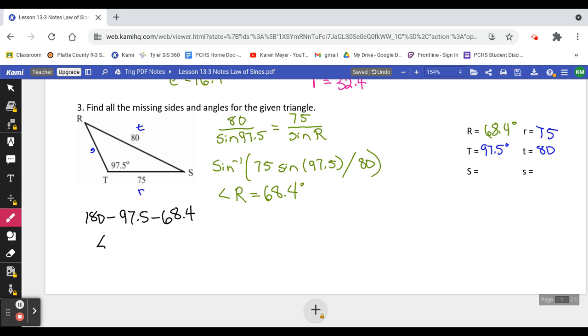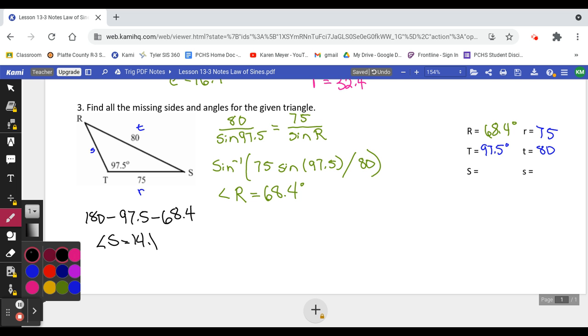So that means angle S is 14.1. So now I got my third angle, 14.1 degrees. And the next thing I have to do to finish it up is to find little s. So remember, no Pythagorean theorem because this is not a right triangle. So therefore, I'm going to go back to the law of sines.